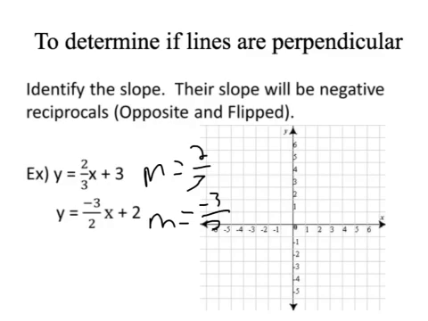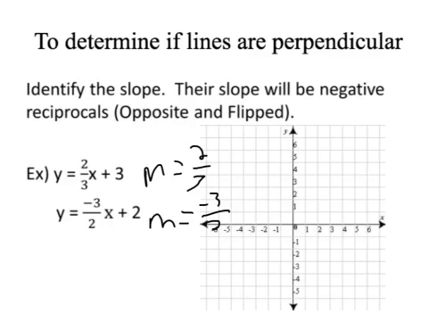So as you see, the fractions are completely turned around, completely flipped upside down. We went from 2 over 3 to 3 over 2. And we have one positive and one negative. Both of those things have to happen for this to be perpendicular lines. The fractions have to be flipped, and one of the fractions has to be negative.